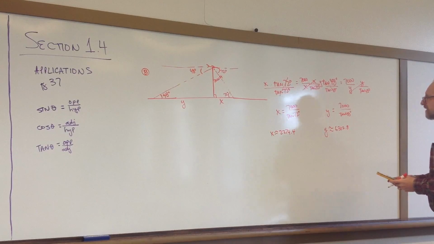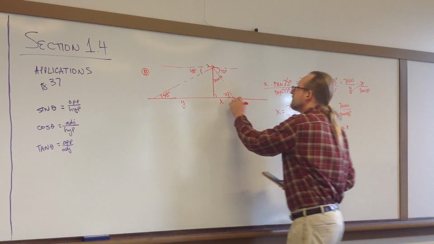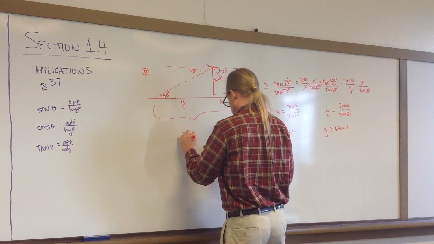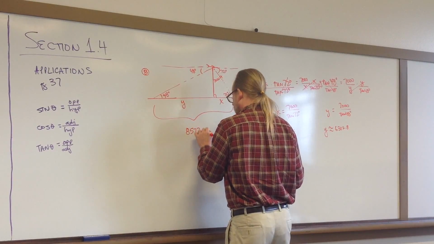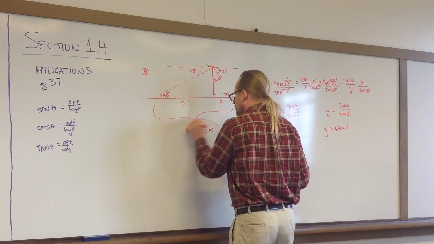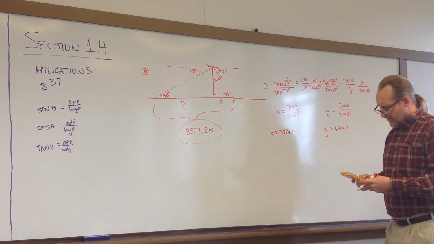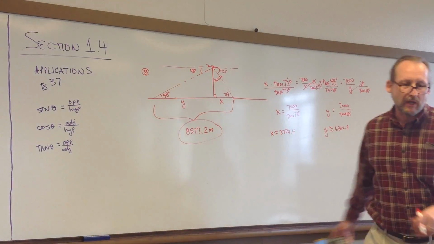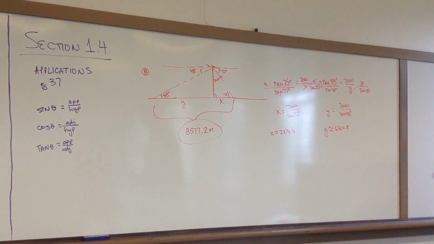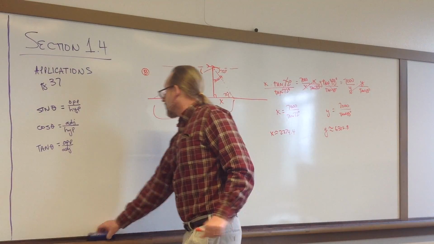And 2274.4. So the total, the answer to the question, the distance between the cars, is 8,577.2 feet, or a mile and a half or so, 1.6 miles. All right, so that's problem 8.